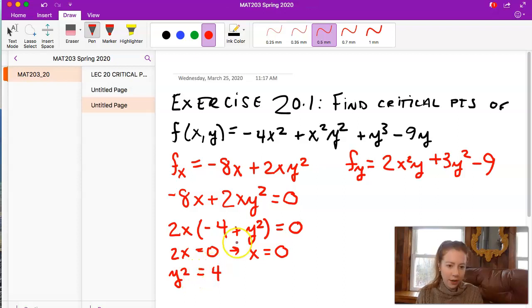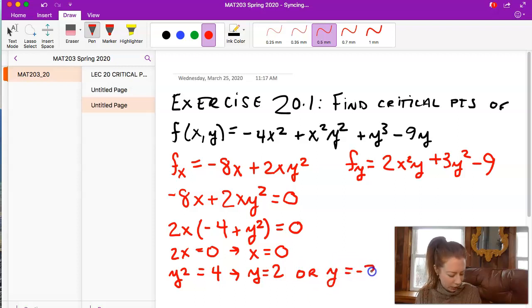And so that tells us we need to look at y equal to 2 or y equal to minus 2. Okay, so here we have 3 values that we are going to investigate further.